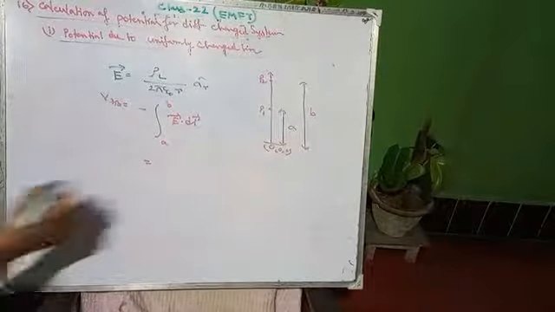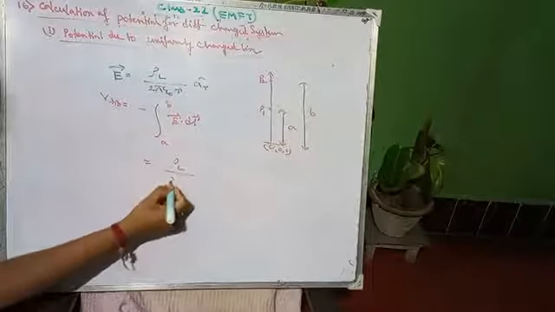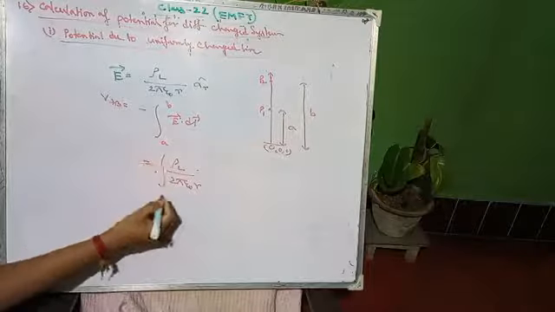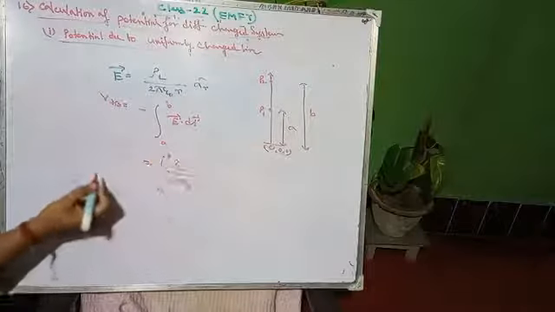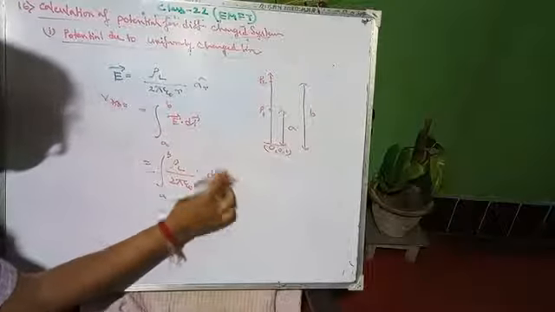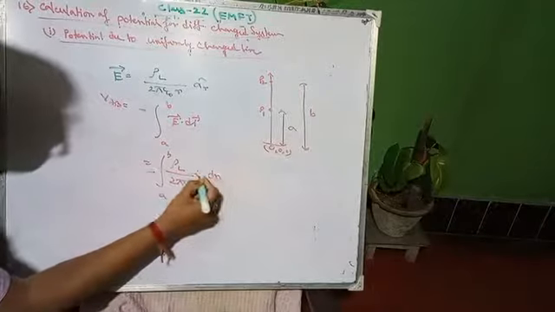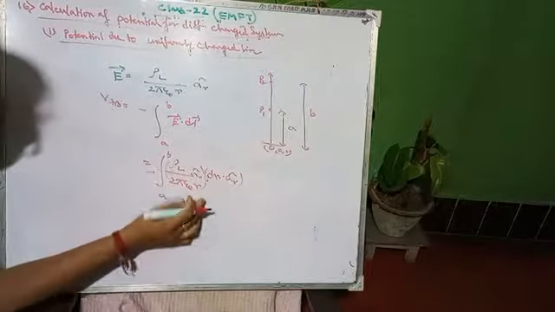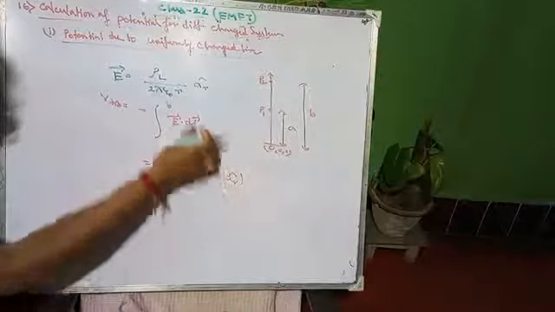So rho L by 2 pi epsilon naught R, taking the integration with a negative sign from A to B, and dl will be dr AR cap, taking the dot product of E and dl.